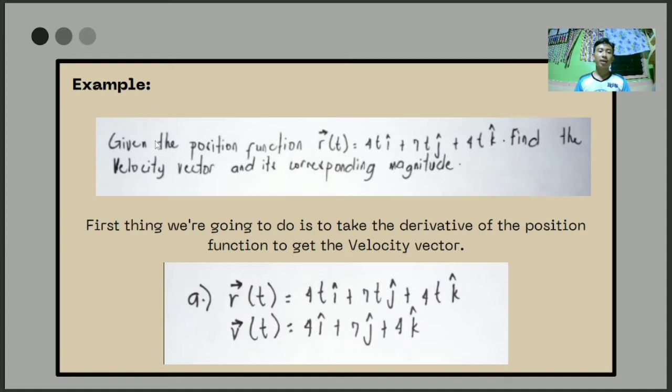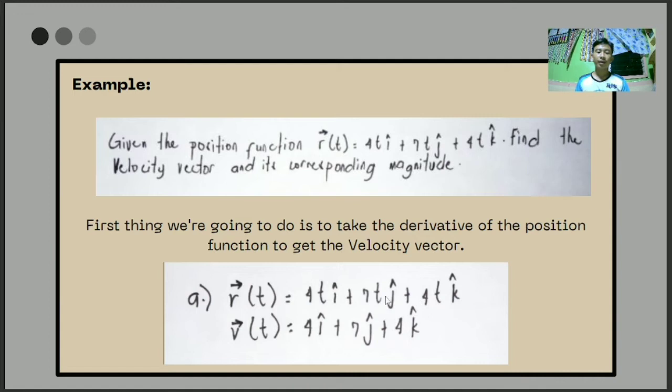So now let us have an example. Given the position function r of t is equal to 4t i hat plus 7t j hat plus 4t k hat. Find the velocity vector and its corresponding magnitude. So the first thing we're going to do is to take the derivative of the position function to get the velocity vector.